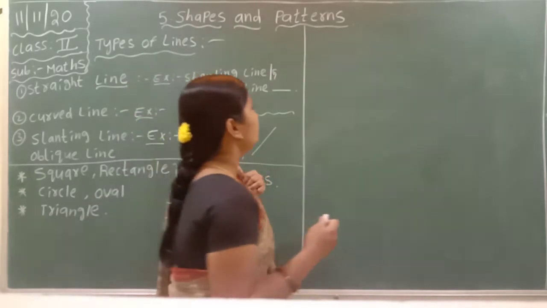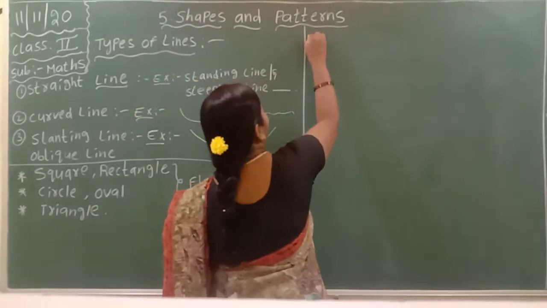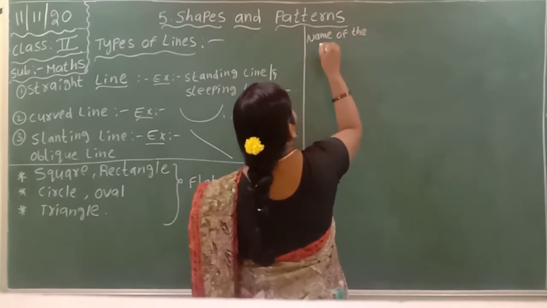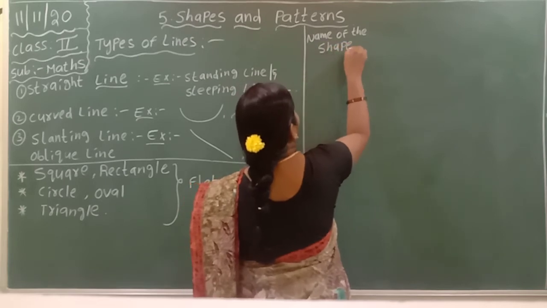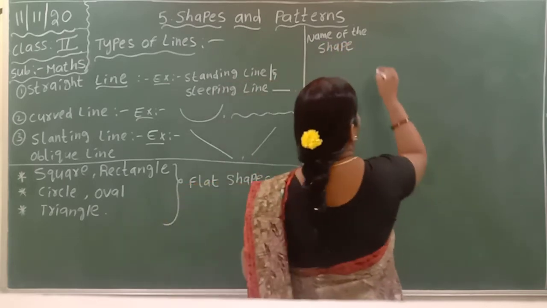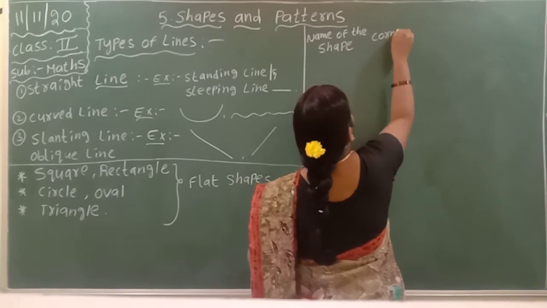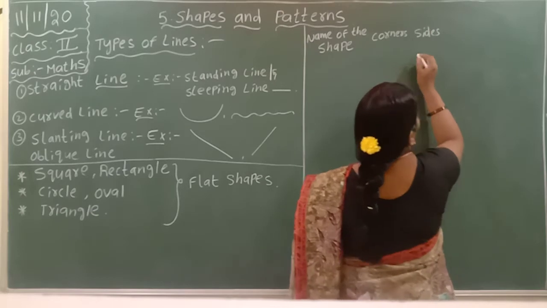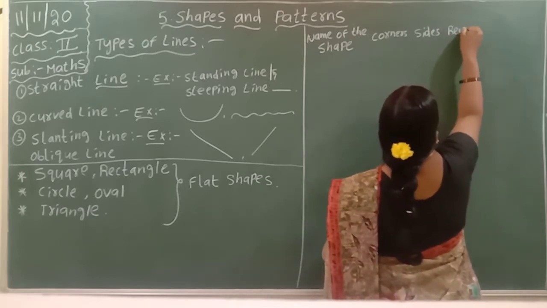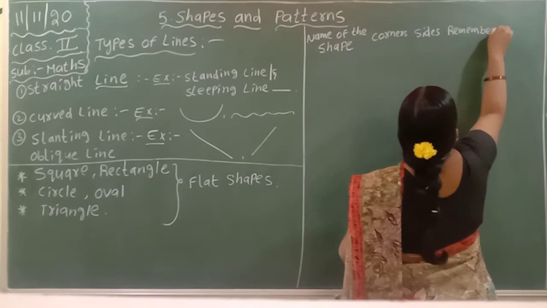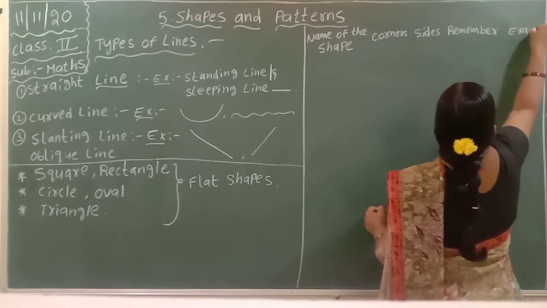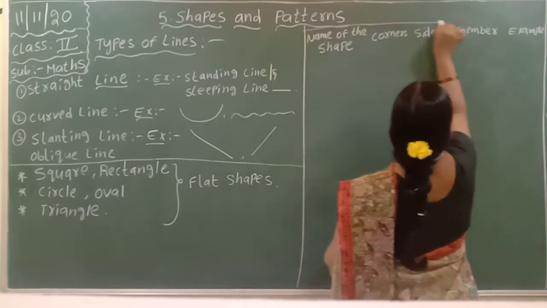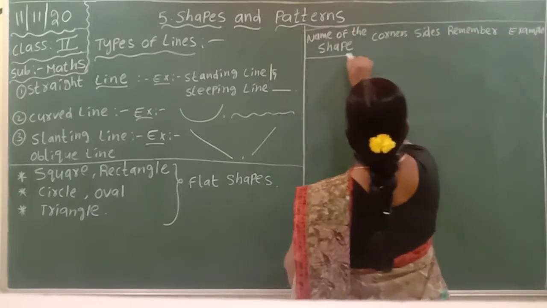So now we have to draw one table: name of the shape, flat shape, how many corners, how many sides, what do you remember, and example. Like this, you have to make a box in your notebook also.